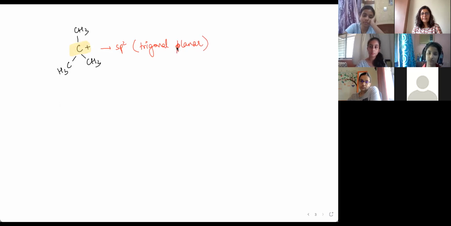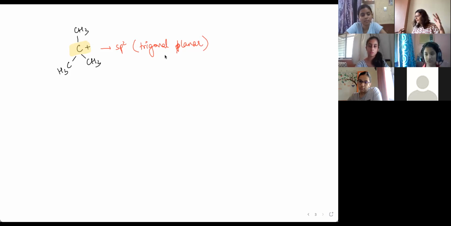Trigonal planar means, can you visualize it? What does that look like? What does it mean? Basically, the structure is on a paper. Planar, it's on a single plane, a flat structure.